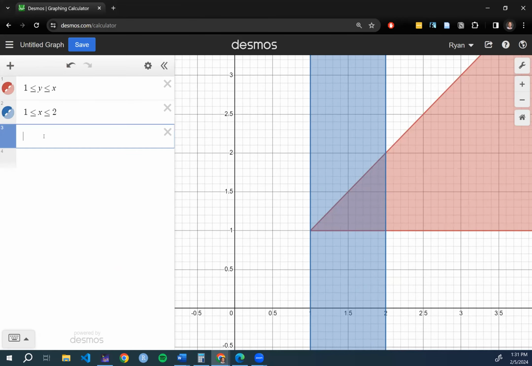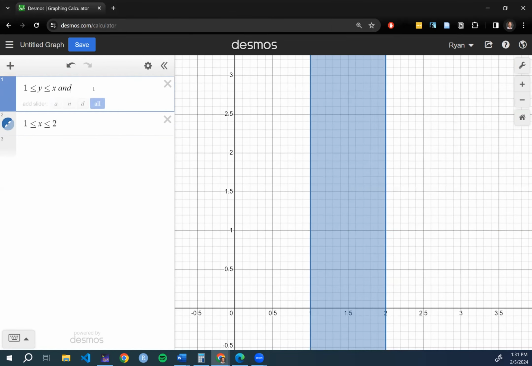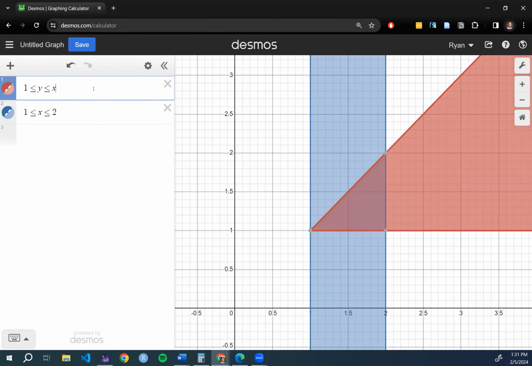I wonder if I'm allowed to do "and." No. So with Desmos, you might just have to do the overlap.